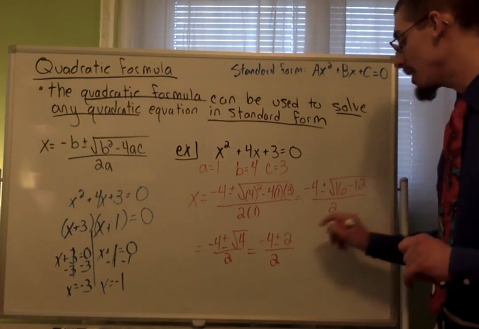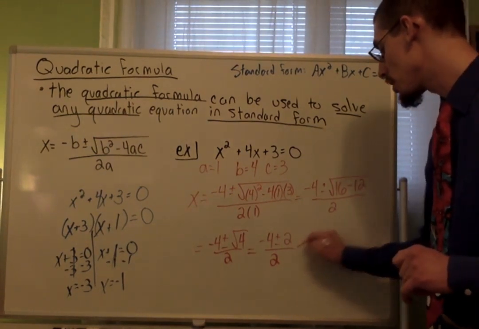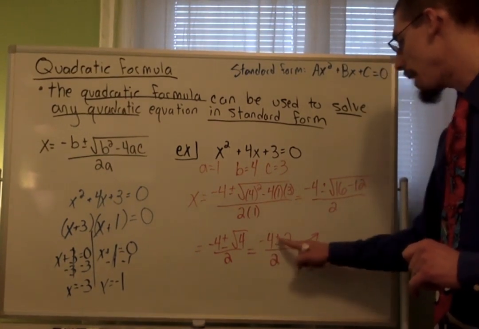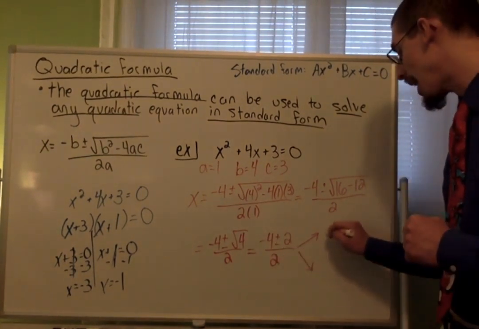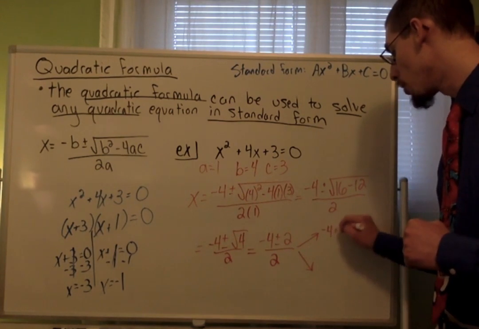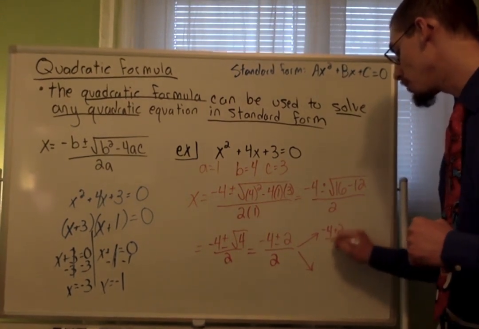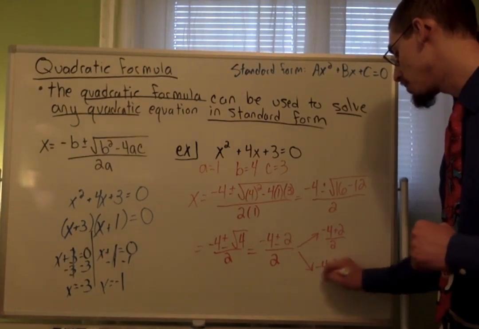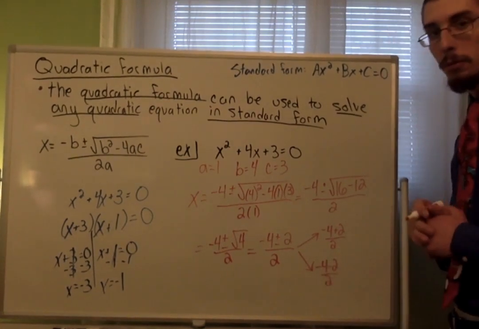So remember what this means. That plus and minus means I have negative 4 plus 2 over 2, and I have negative 4 minus 2 over 2.